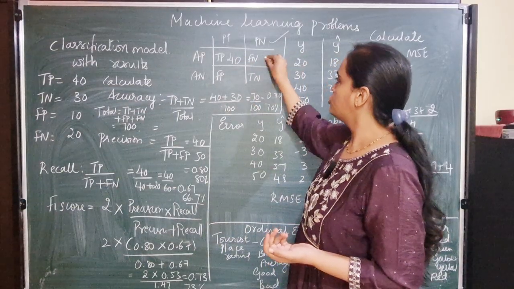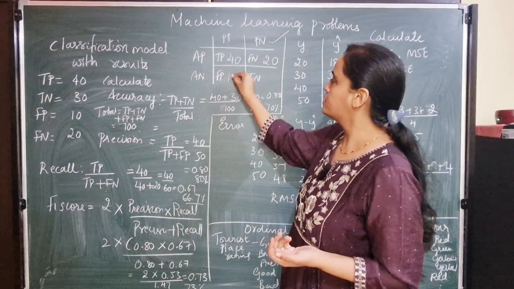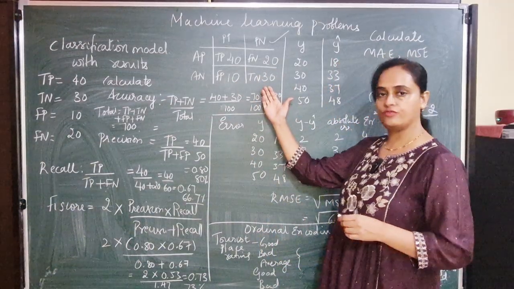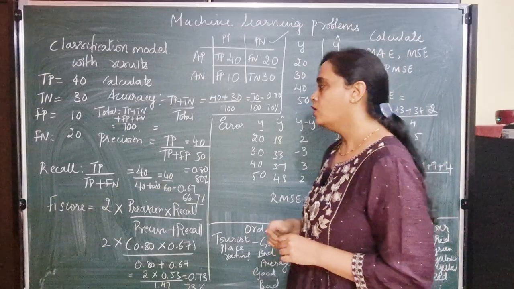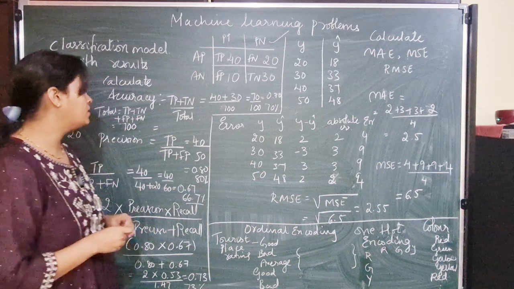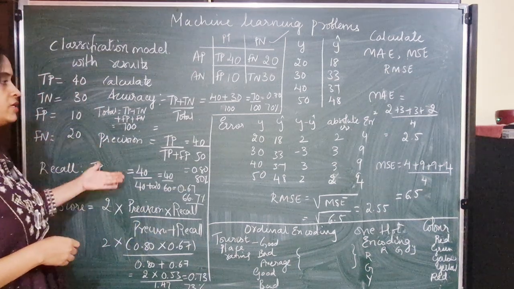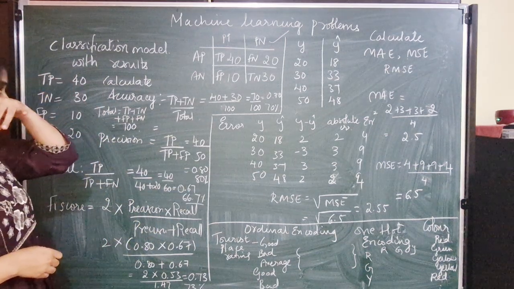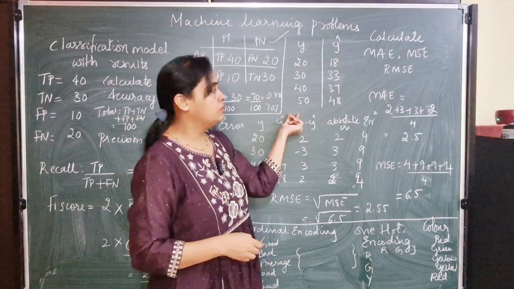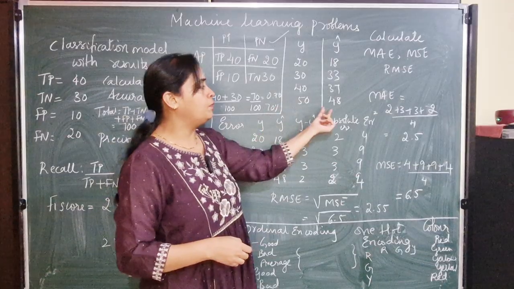FN is 20. FP is 10. TN is 30. So this is how we build the confusion matrix. Also, when the true positive, true negative, false positive, false negative are given, we can calculate various evaluation metrics.